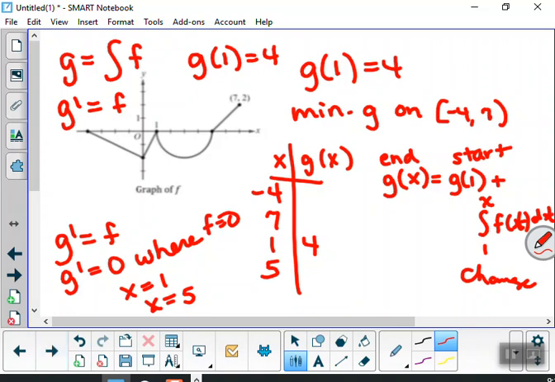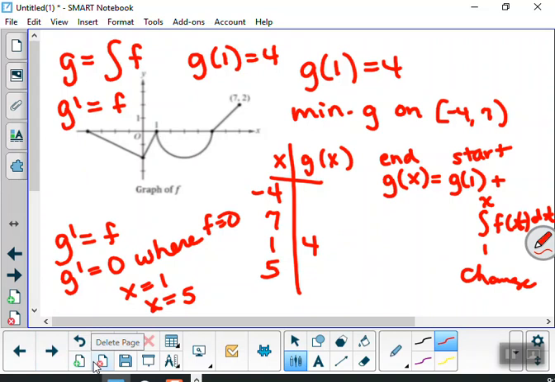So that's the trick here. You're going to get these other values using areas, using a starting value of G of 1 is 4, and then adding or subtracting the corresponding areas that represent the change.